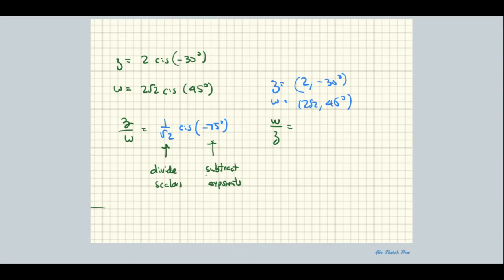Except now I'm going to move w up top so that I can see what I'm doing. w is 2 root 2 45 degrees. So w divided by z is going to be root 2, comma, and I'm going to subtract. It's 45 minus negative 30.